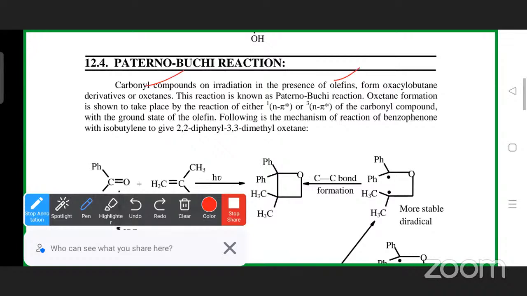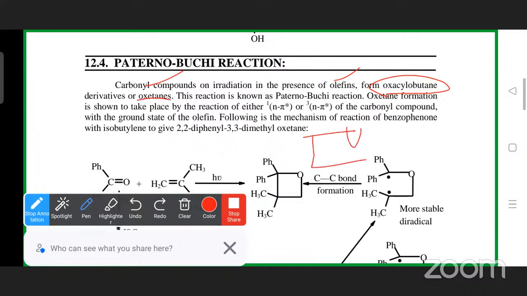The usual products are the oxacyclobutane derivatives. In heterocyclic nomenclature we call it an oxetane.